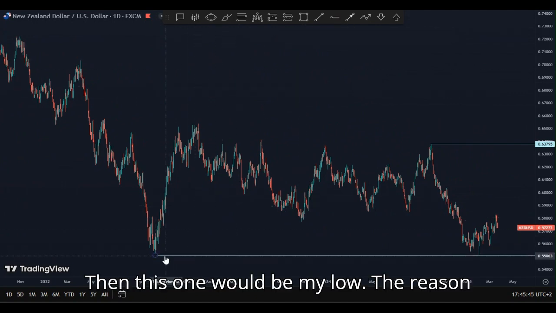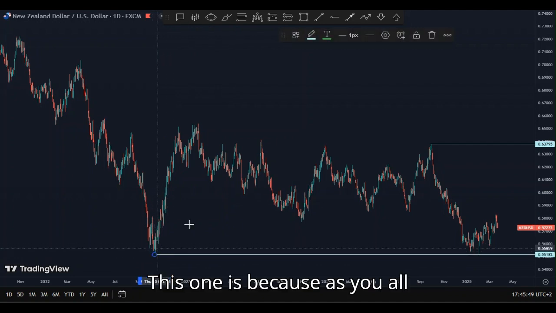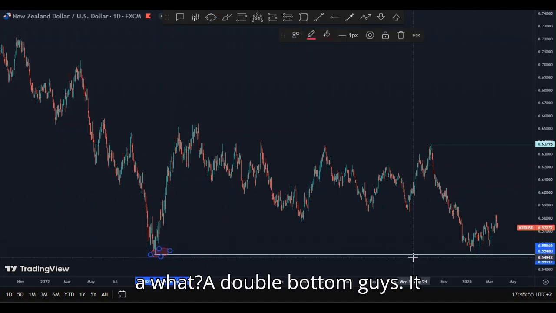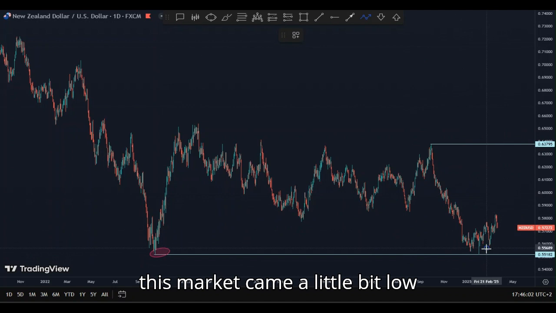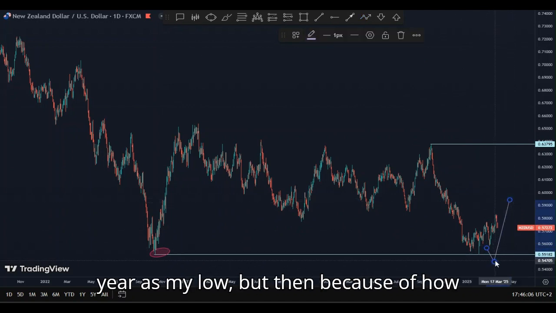Then this one will be my low. The reason why I chose this area as my low is because, as you can see, right here it gave us a double bottom. If this market came a little bit lower and went up, I would have marked this as my low.